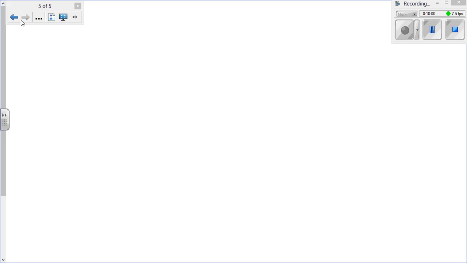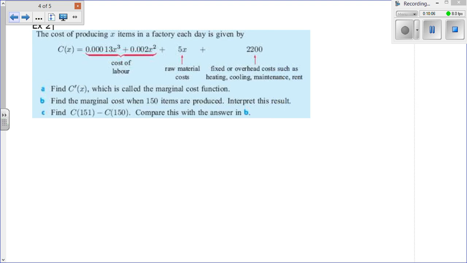All right, let's look at this second example here. The cost of producing x items in a factory each day is given by our function C(x). And you see it's broken down to cost of labor, raw material costs, and our fixed or overhead costs such as heating, cooling, maintenance, and rent.